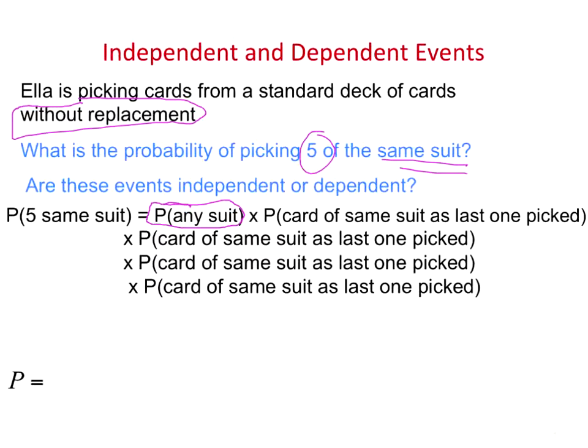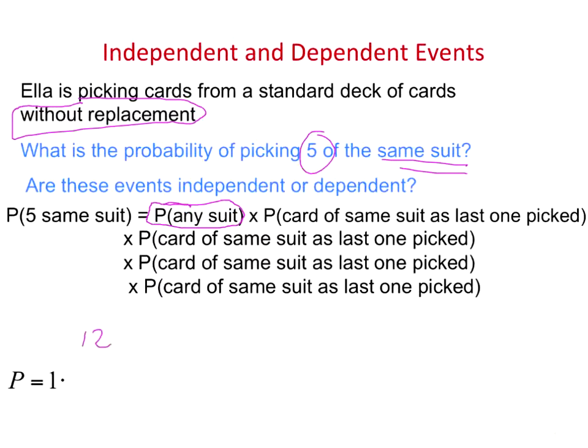What are the chances that you're going to pick the suit? 1. Good job. So this one's just a little different in that your first fraction's not really a fraction because you're 100% guaranteed you're going to do what I'm asking you for. What's the next one going to look like? The probability that the card is the same suit as the last one?